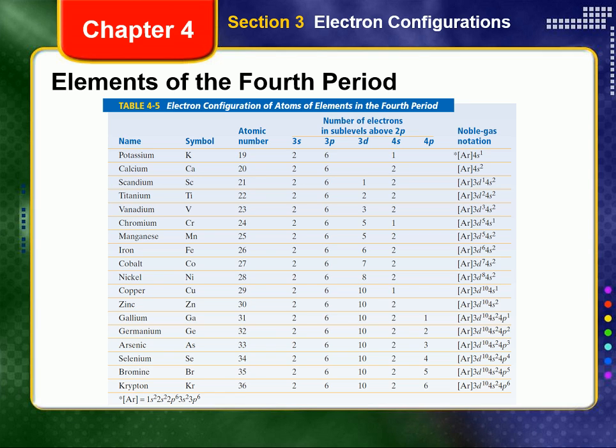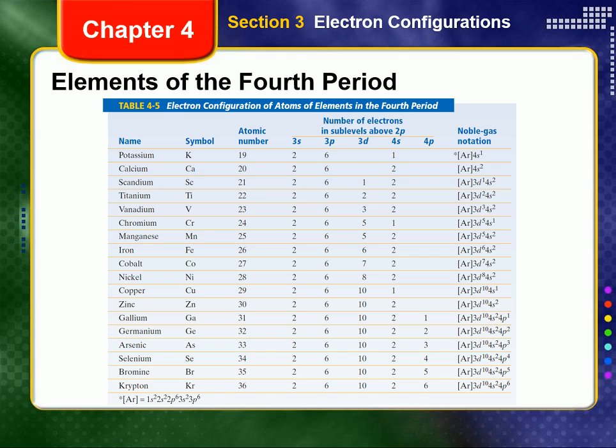Beginning with the next elements, electrons continue to pair in the d orbitals. Thus, iron, Fe, has the configuration argon 3d6 4s2. Cobalt, Co, has the configuration argon 3d7 4s2. And nickel, Ni, has the configuration argon 3d8 4s2.